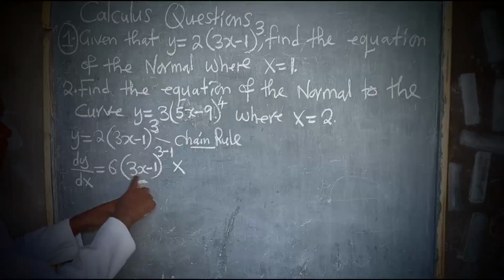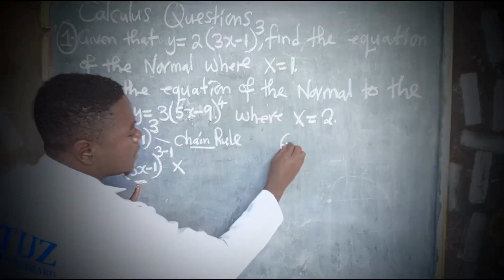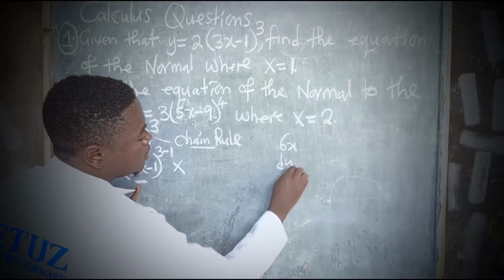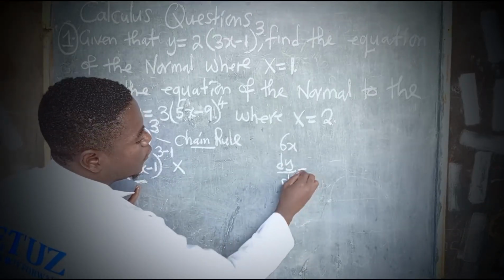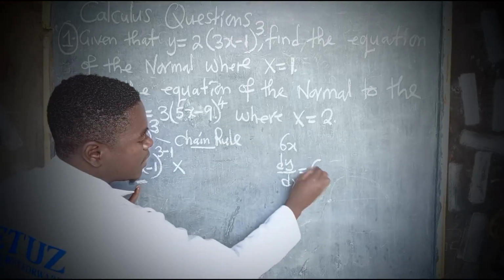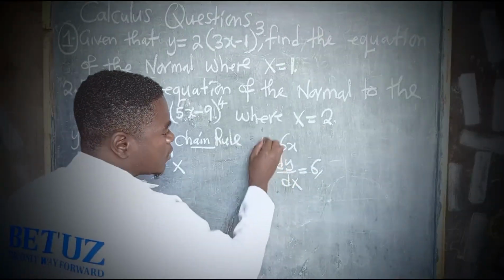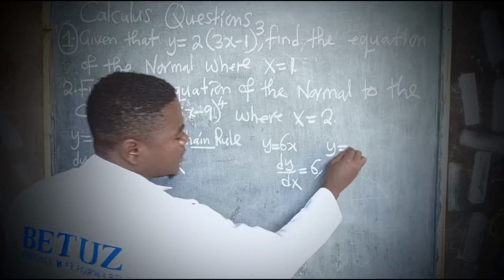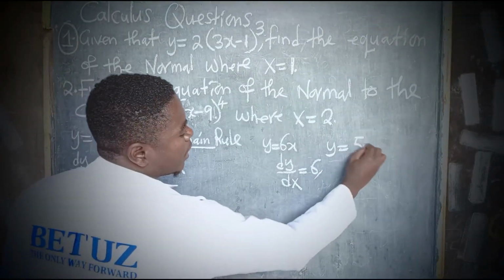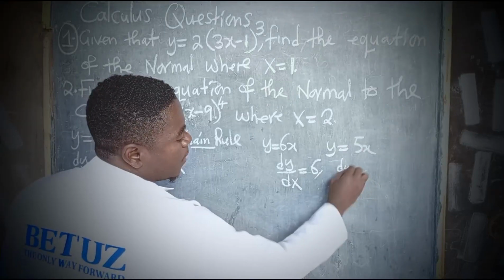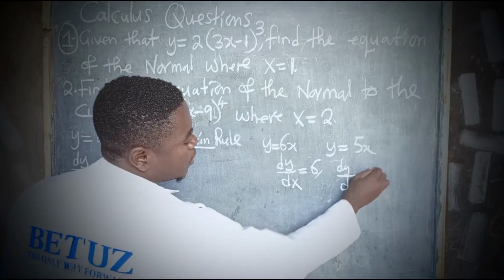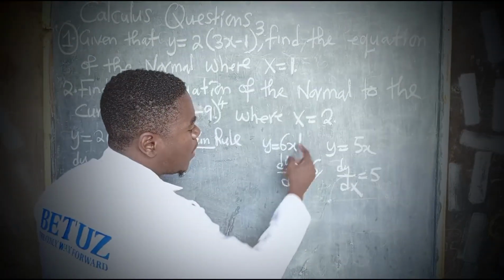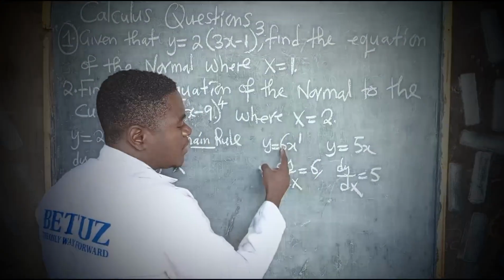If a number is given like 6x, the derivative of 6x is just 6. If you are given 5x, dy/dx is just equal to what? 5.